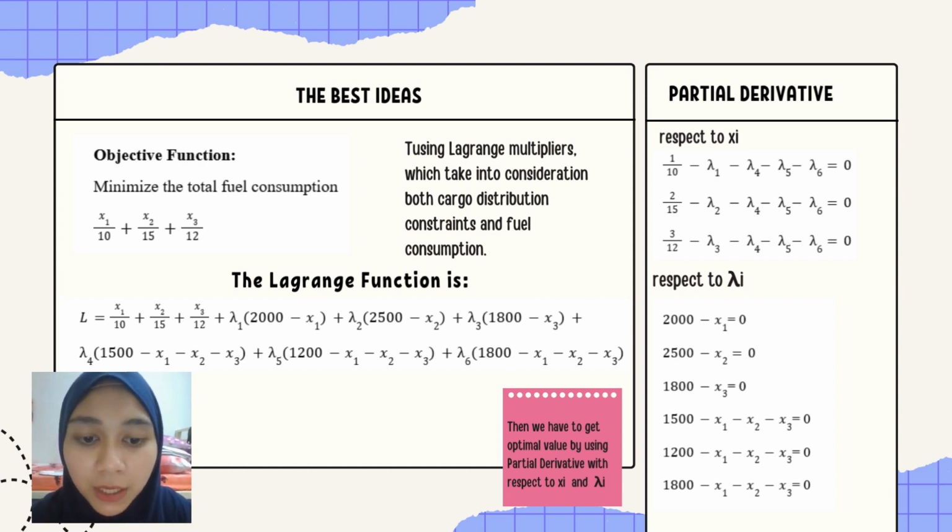Then we get the optimal value by using partial derivatives with respect to x_i and delta_i. We set the partial derivatives with respect to x_i equal to 0 for all, and the partial derivatives with respect to delta_i equal to 0 also.